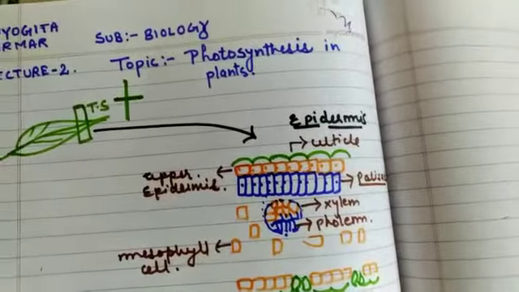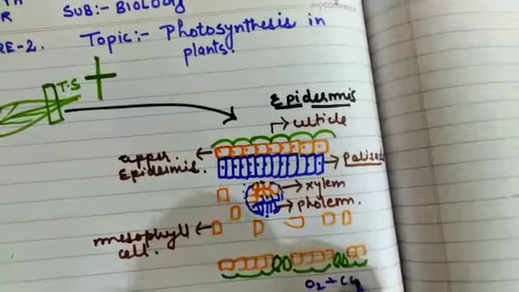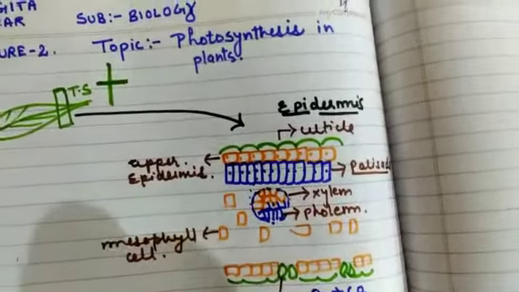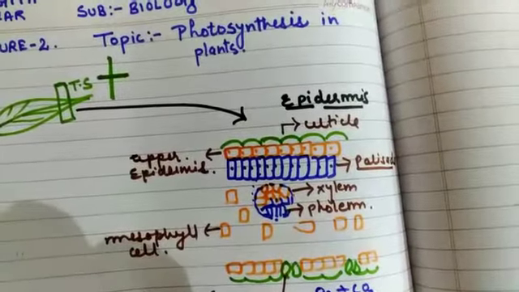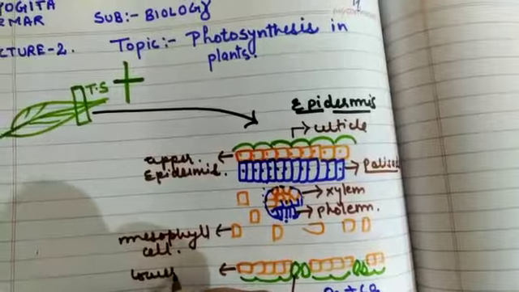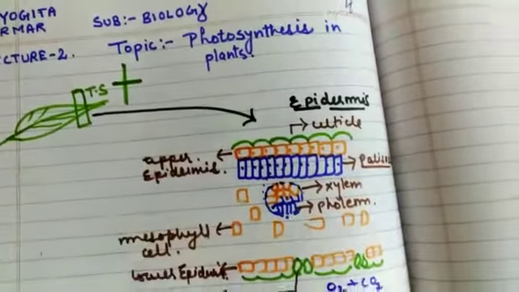The stomata help in the exchange of gases, O2 and CO2. These are stomata, and this is the lower epidermis. So, this is the TS of the leaf.